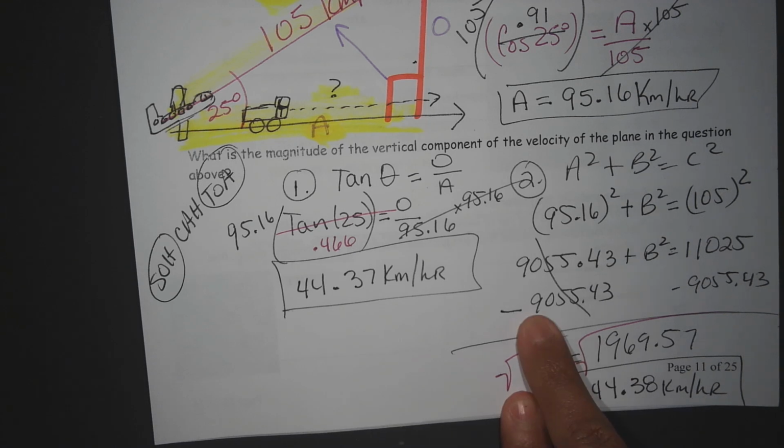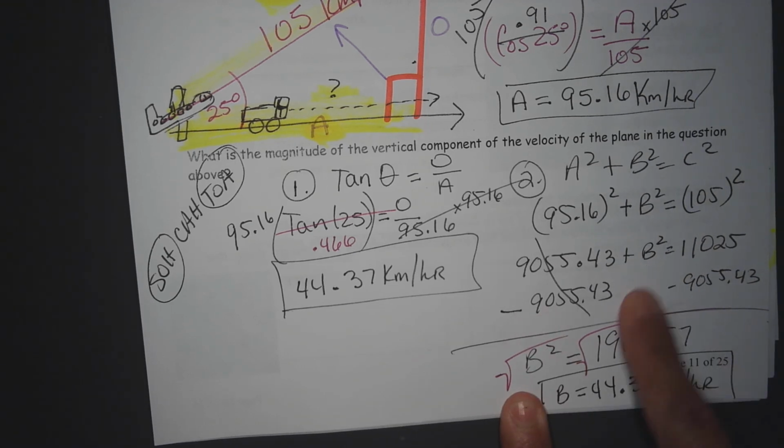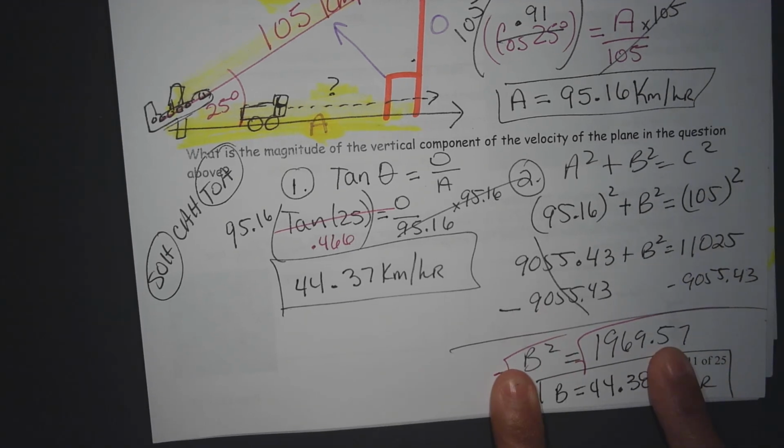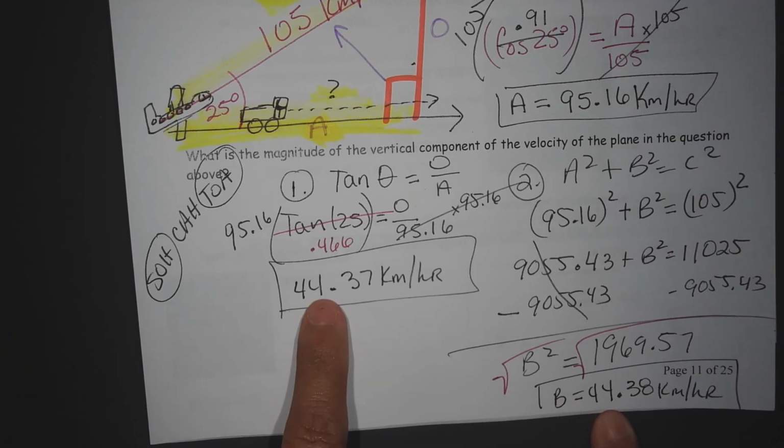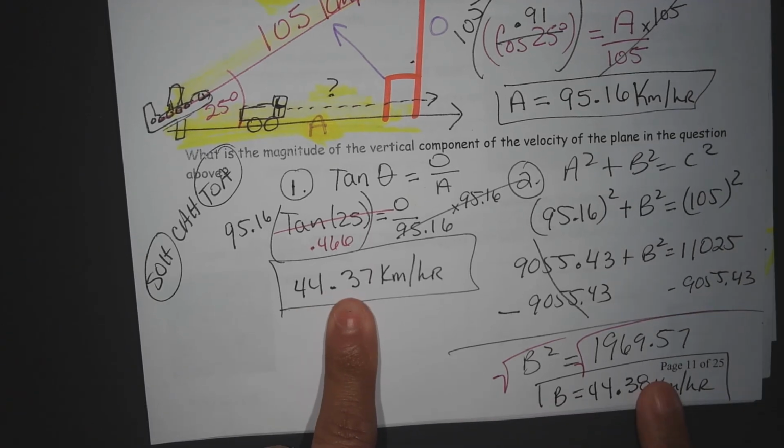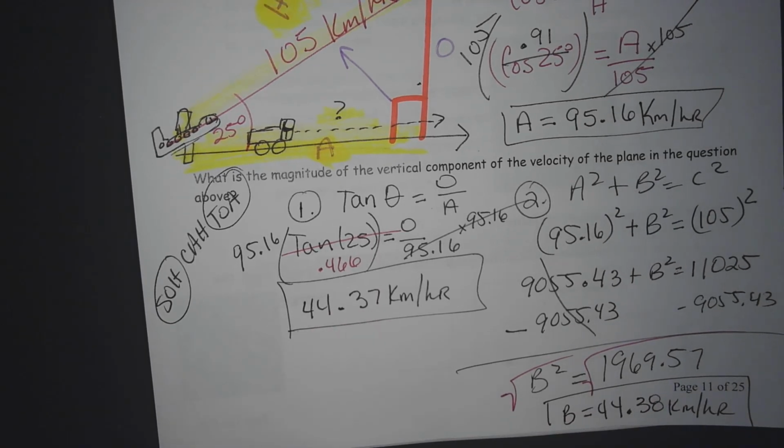Then I subtracted this so I can get b squared by itself. I square root it, and look at my numbers. The first one to me was way easier. I personally like SOHCAHTOA. You can pick either way to solve it.